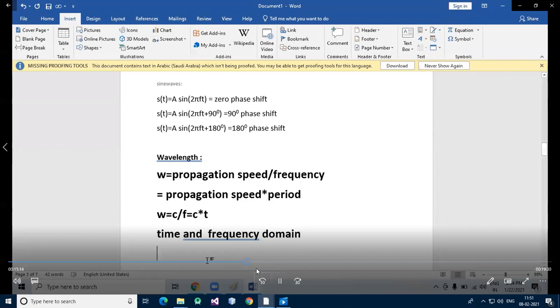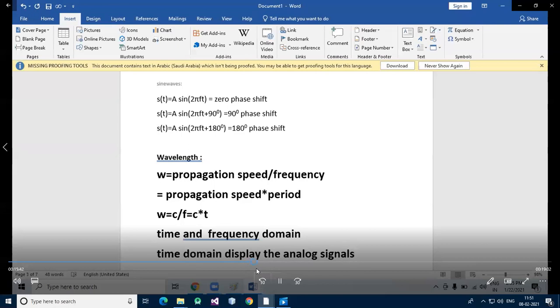The time domain displays the analog signal. It is a graph of signal magnitude with respect to time.